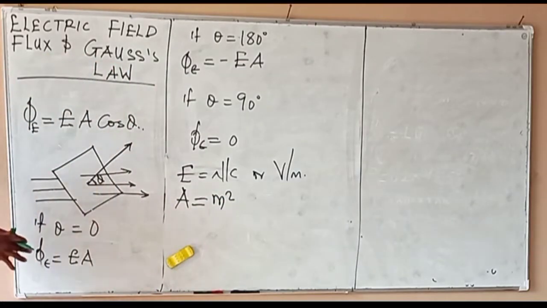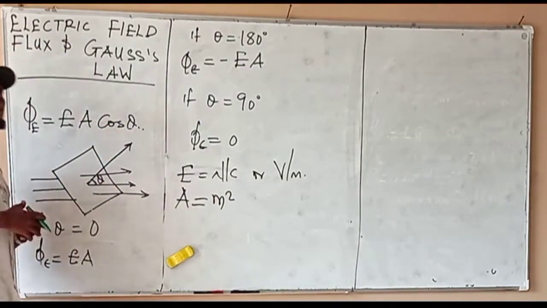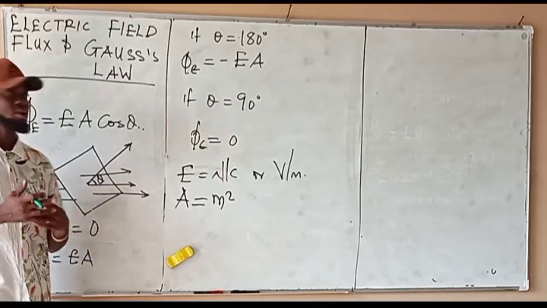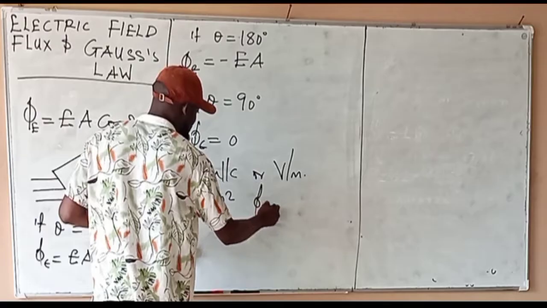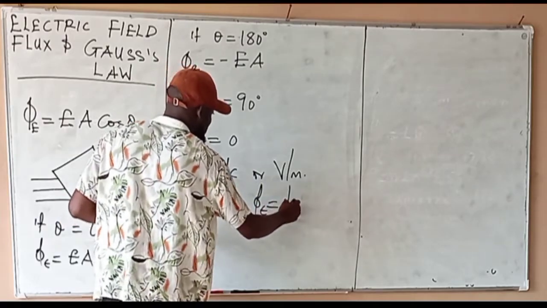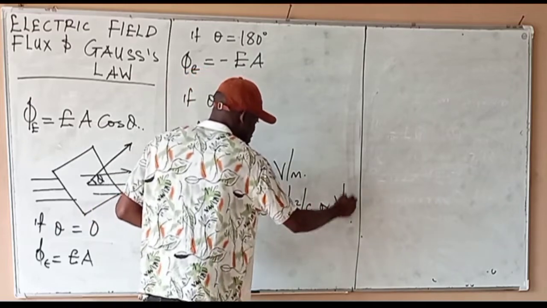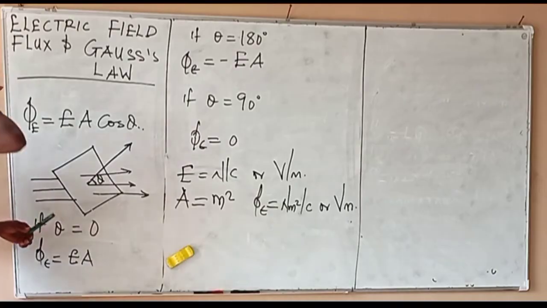Then cosine theta doesn't have any unit, it's just a constant value. Then our phi sub E, which is the flux, has a unit of either Newton meter square per coulomb or volt meters.